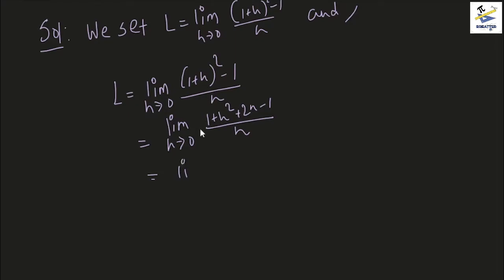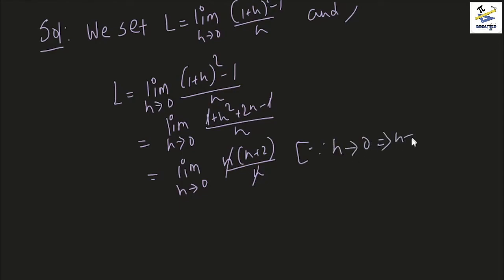We use the formula, break it down, and the ones cancel off. So it's h into (h plus 2) whole by h, and the h can cancel off because h tends to 0 implies that h is not equal to 0, and we are left with limit h tends to 0 of h plus 2, which simply is 2, which is the answer.